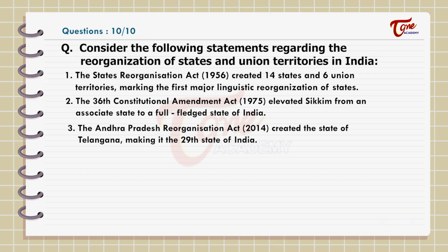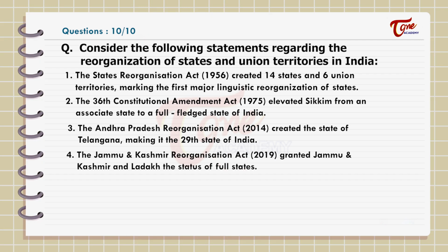Statement 3. The Andhra Pradesh Reorganization Act 2014 created the state of Telangana, making it the 29th state of India. Statement 4. The Jammu and Kashmir Reorganization Act 2019 granted Jammu and Kashmir and Ladakh the status of full states. How many statements given above are correct?